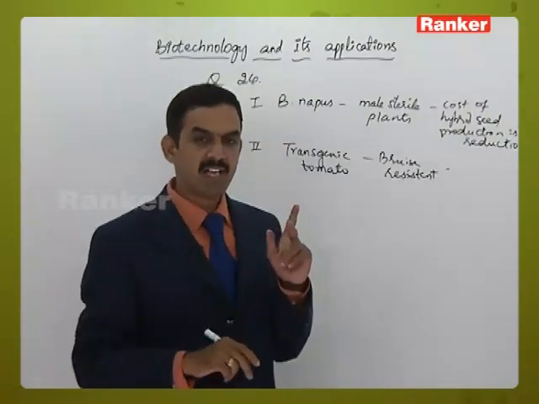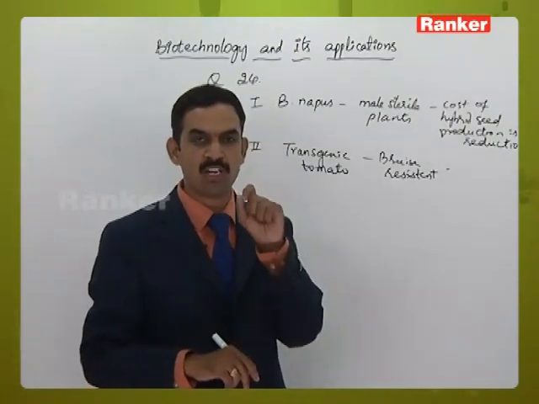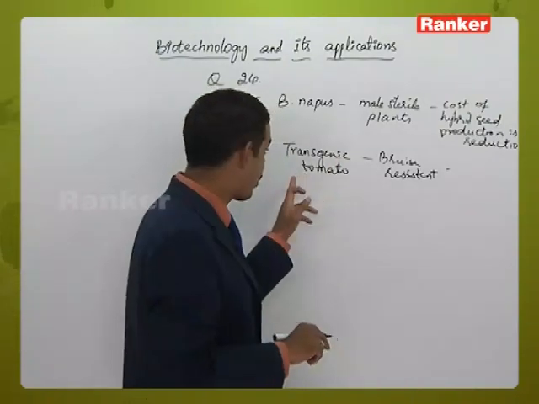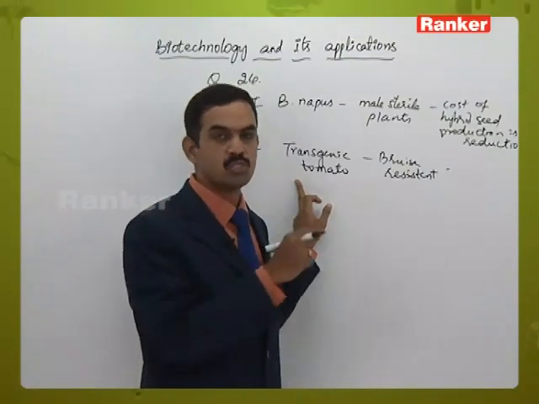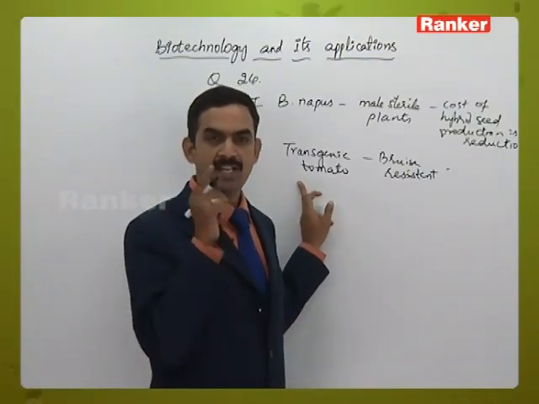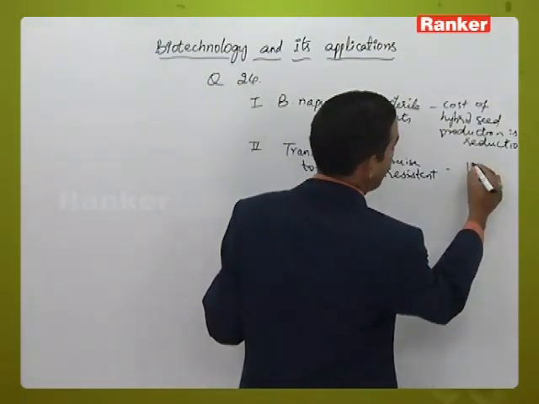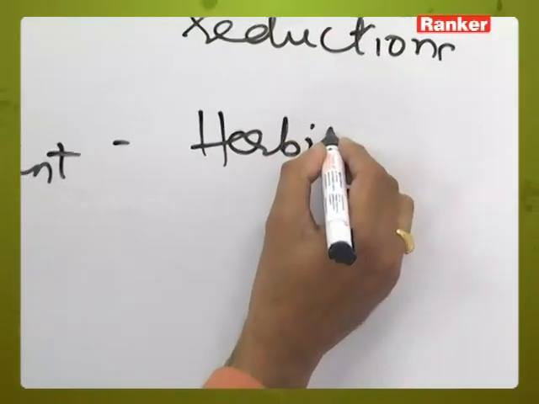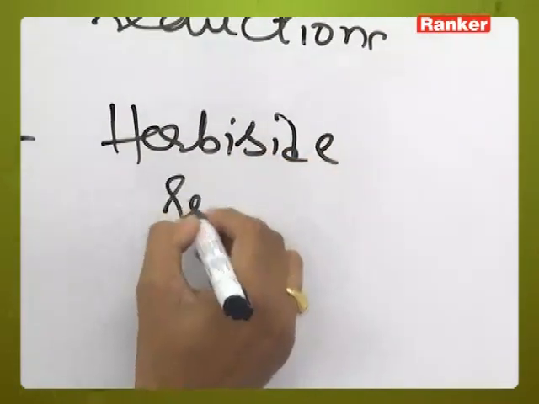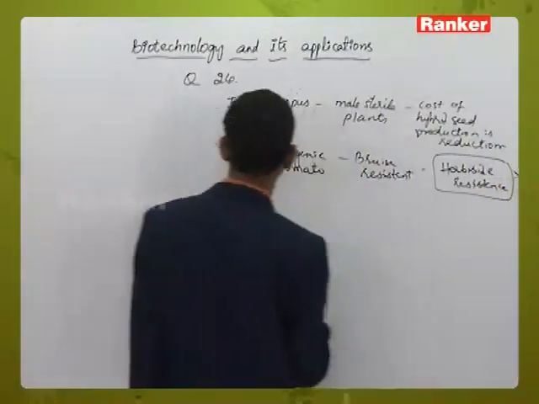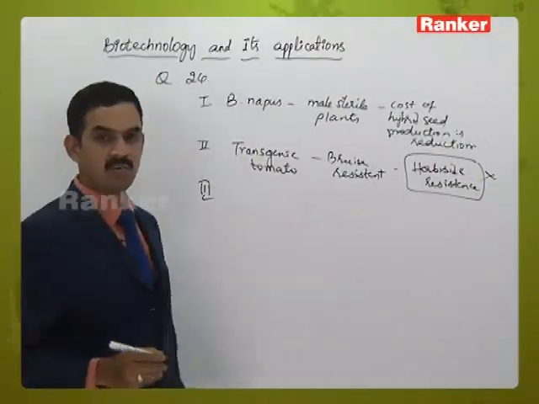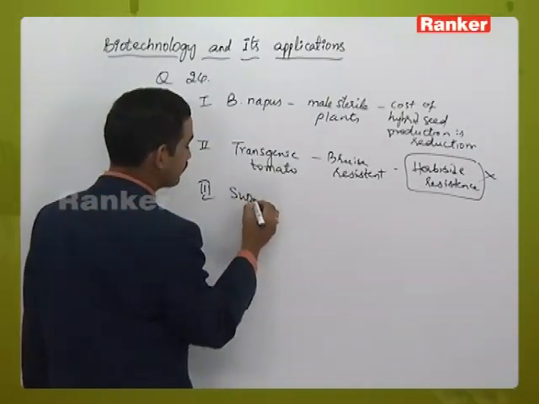But in the same way it is given as herbicide tolerant, which is not correct. More transgenic tomato varieties have been produced which have resistance to Pseudomonas but not to herbicide. So herbicide resistant is incorrect. This one is incorrect. Then third one, super weeds.